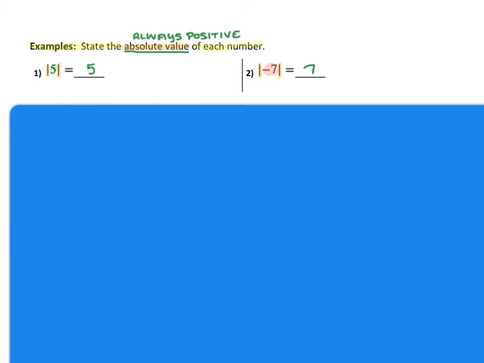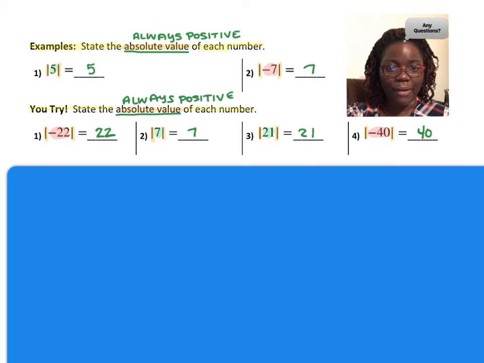So no matter whether we took the absolute value of a positive number or a negative number, for both of those answers, we came up with a positive answer. Look over the problems that I just completed for you and let me know if you have any questions.